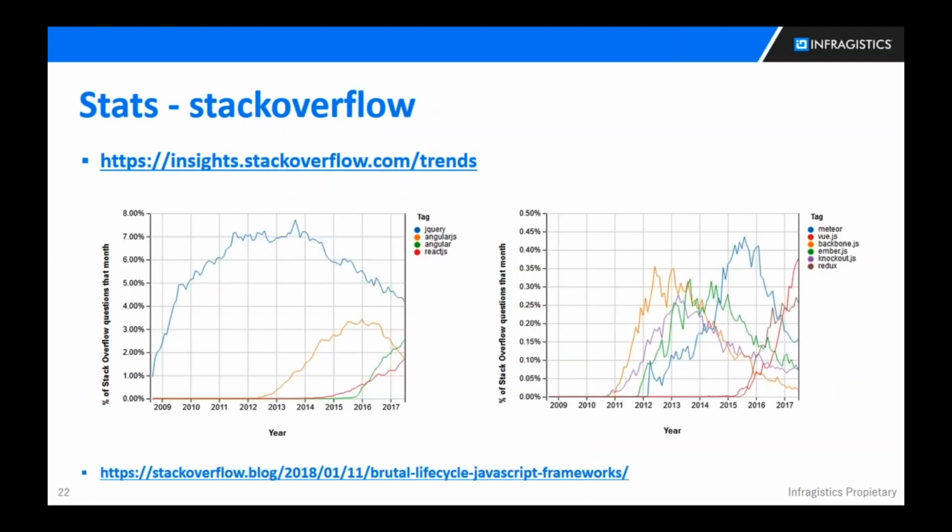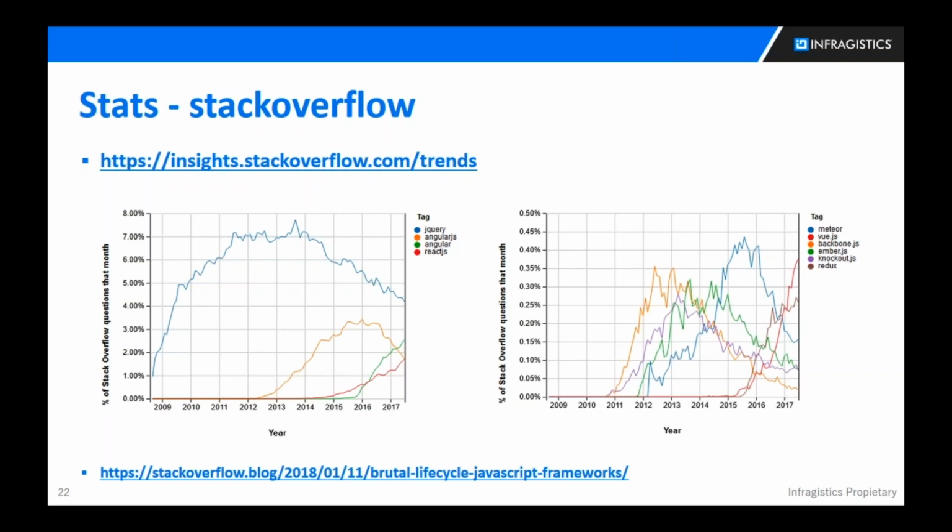Also, here are other stats. This is from Stack Overflow, the most famous Q&A site for development. There's a blog post about these statistics that was just made last month, so if you are interested, please look at the link below. The first chart shows the major frameworks according to Stack Overflow.